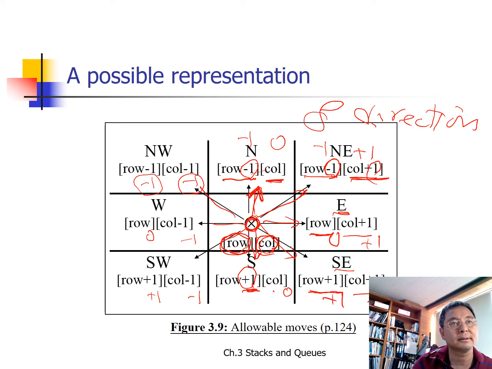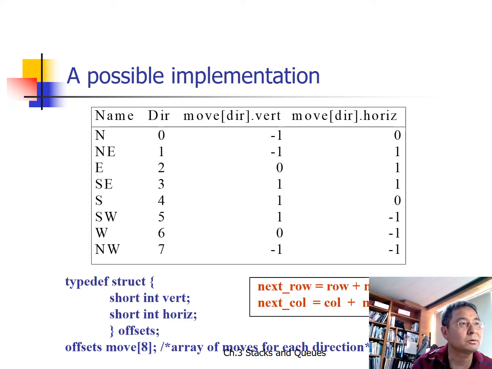Okay, so let's go on. Now the possible directions can be modeled using the change of row and column values. The north direction is changing the row value. The row value is decreased by 1, so -1.